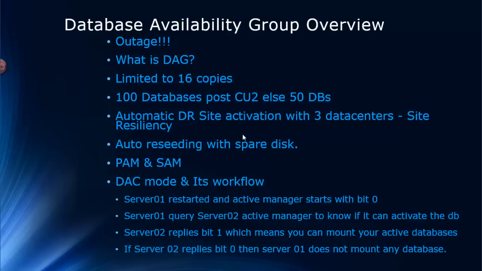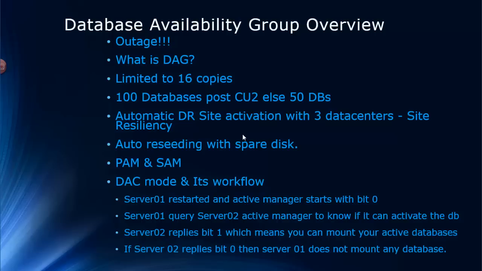So what SAM does is SAM detects failure of local databases and the local information store. SAM asks PAM to initiate the failover in case my local database and my local information store have failed. I will ask PAM to initiate the failover to a different database.